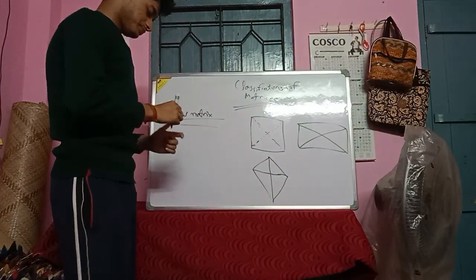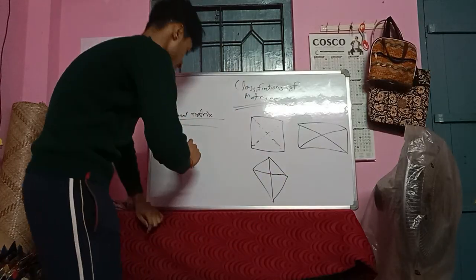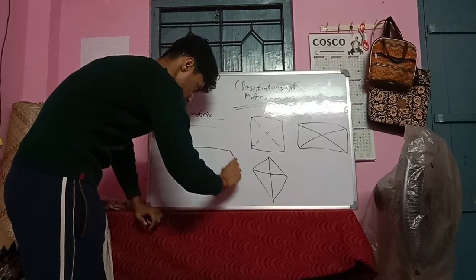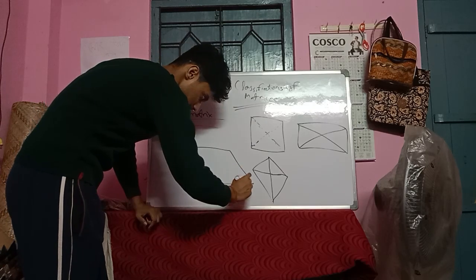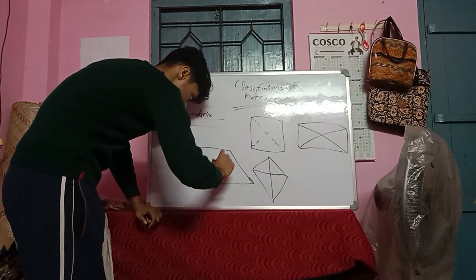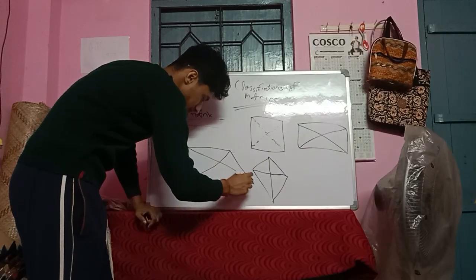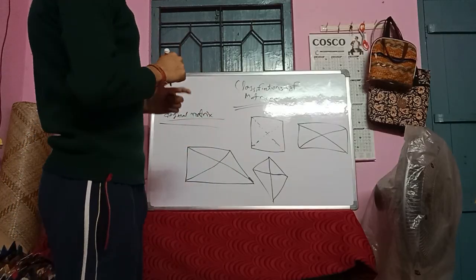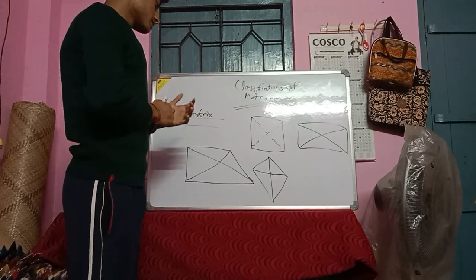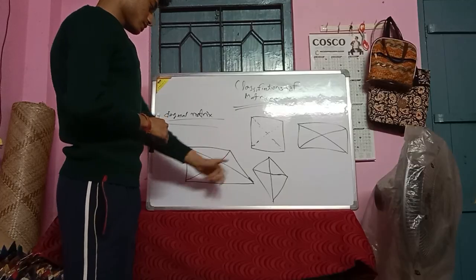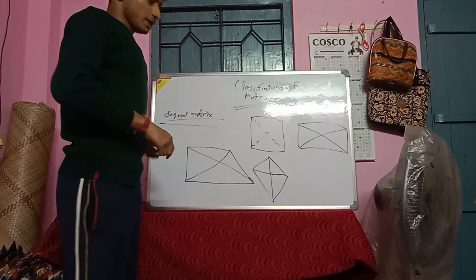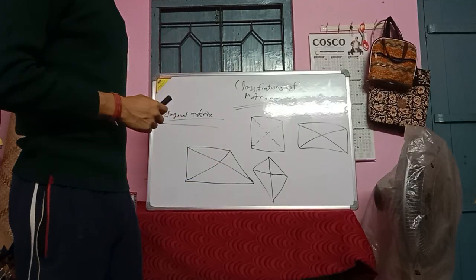Like this one, or even a trapezium like this one. Why can you do that? Because each individual point in these quadrilaterals has its own distinct identity.